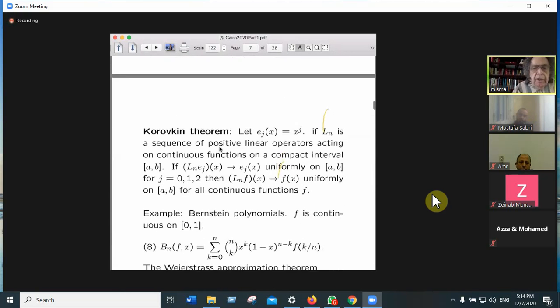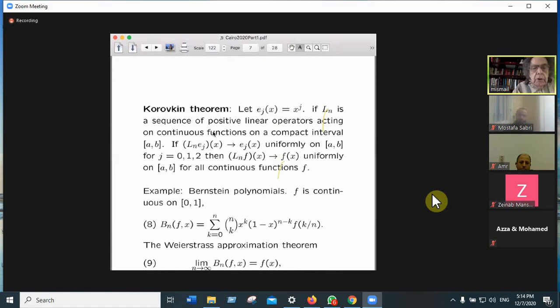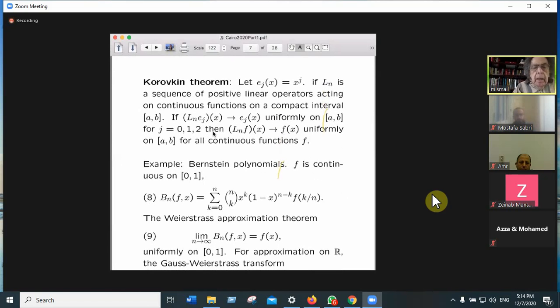Okay, one other important ingredient is what's called the Korovkin Theorem. The x to the j, I call it ej of x.